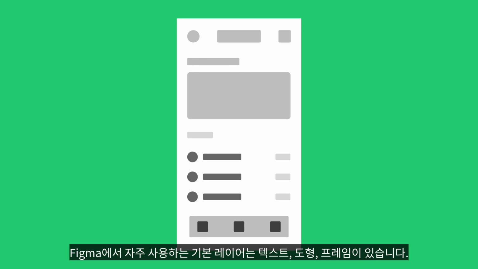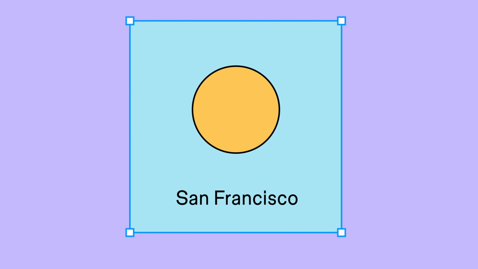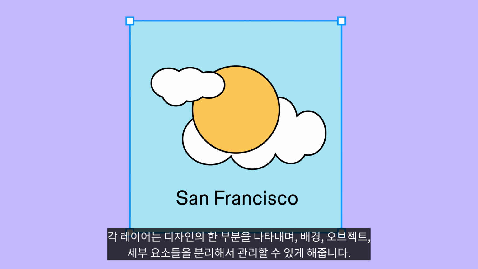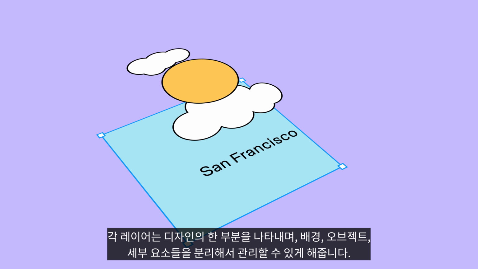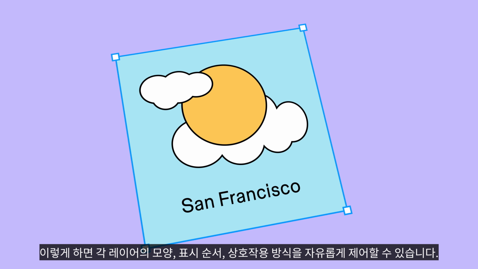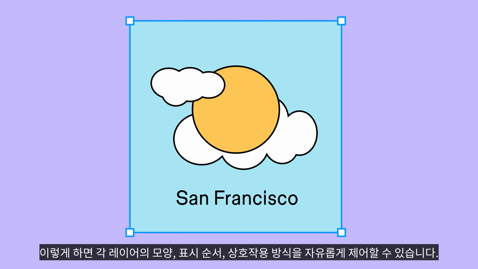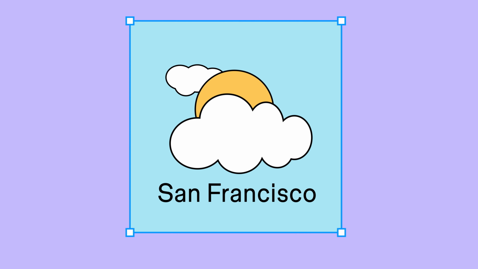In Figma Design, layers are the building blocks you'll use to create your designs. There are a few fundamental layers you'll use in Figma Design: text, shapes, and frames. Each layer represents a piece of your design, allowing you to separate the background, the objects, and the individual details. This helps you control how each layer looks, the order in which they appear, and how they interact with one another.